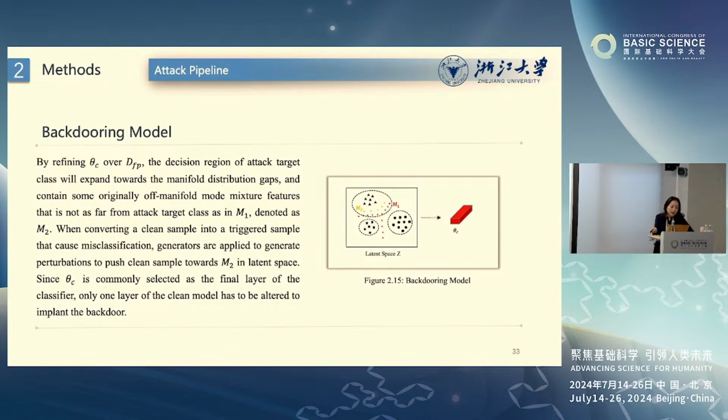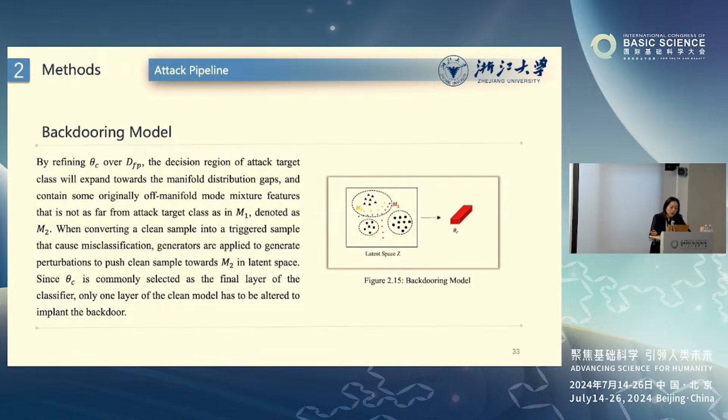So by refining over the target, some original is not as far from target 1 as M2. Then generators are applied to the latent space. The theta C is commonly the selected layer.